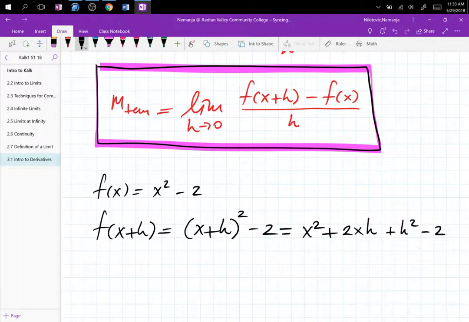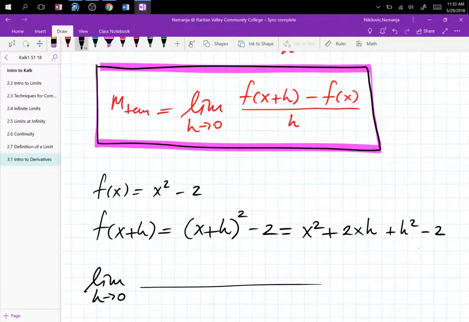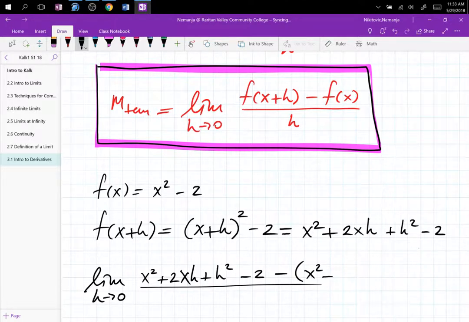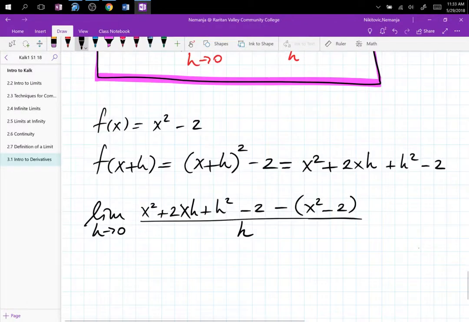We plug that in the limit and work out the algebra. So x squared plus 2xh plus h squared minus 2 minus, in parentheses, original f of x, which is x squared minus 2, everything divided by h.